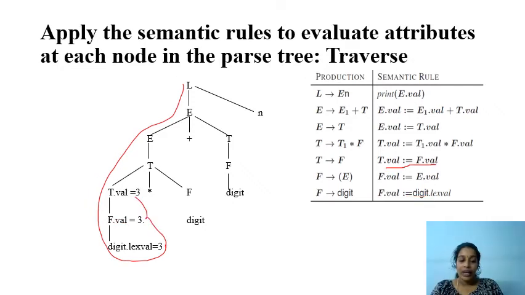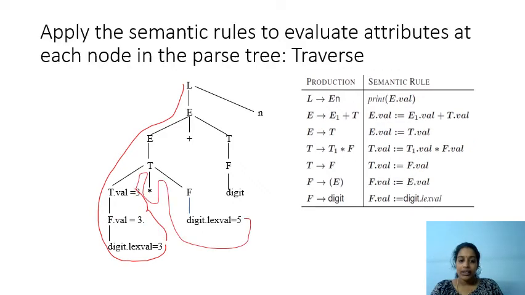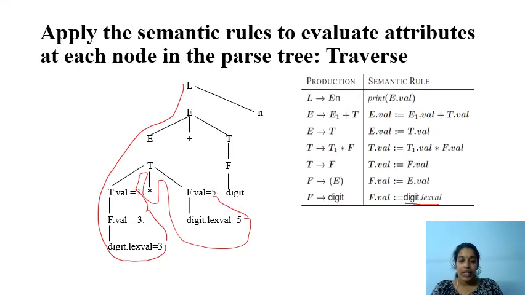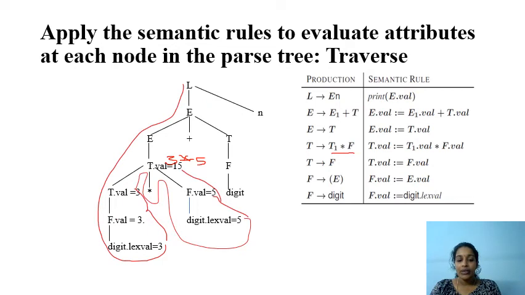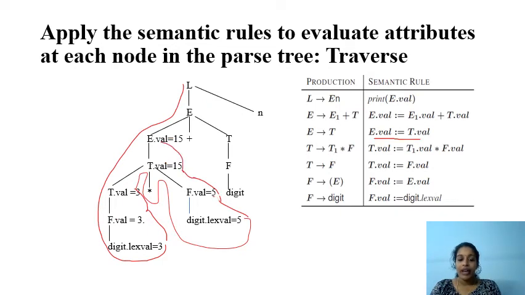This T.val is equal to F.val, and here we have not seen the production yet; we have seen only the left part of this T. And here digit.lexval is equal to 5, and F.val is equal to digit.lexval, and here T.val is equal to F.val, and here E.val is equal to T.val.